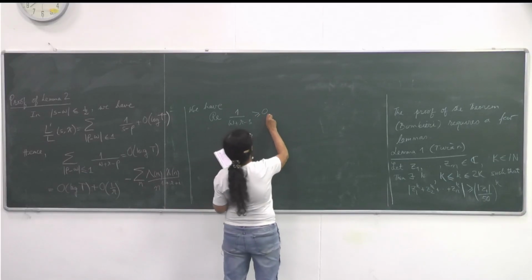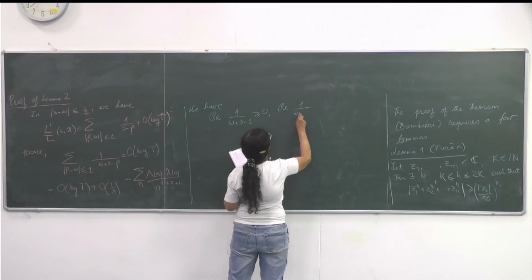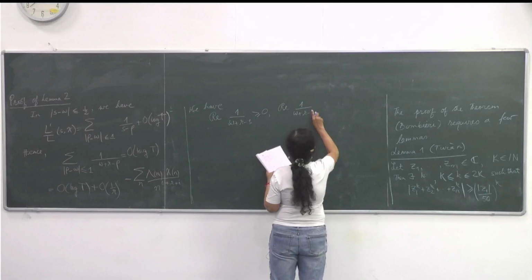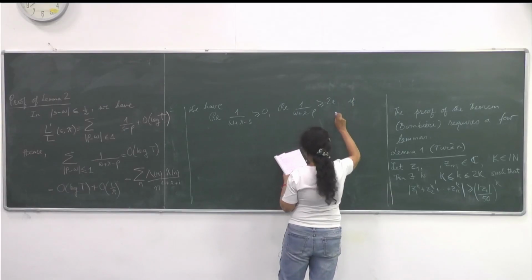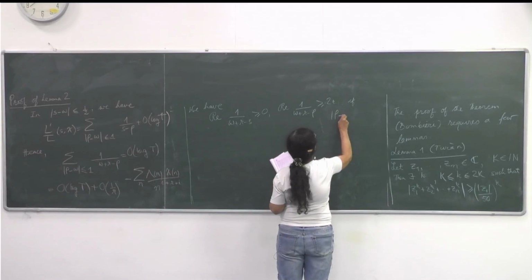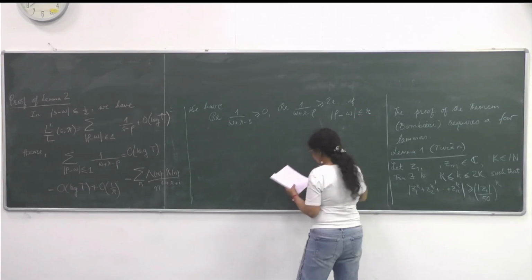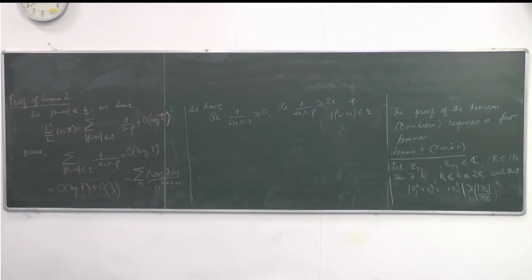And so the real part of 1 upon (omega plus r minus rho) will be greater than or equal to 1 over 2r, if I have the condition that |rho minus omega| is less than or equal to r. Whenever I am in the circle, |rho minus omega| less than or equal to r, then this is okay.